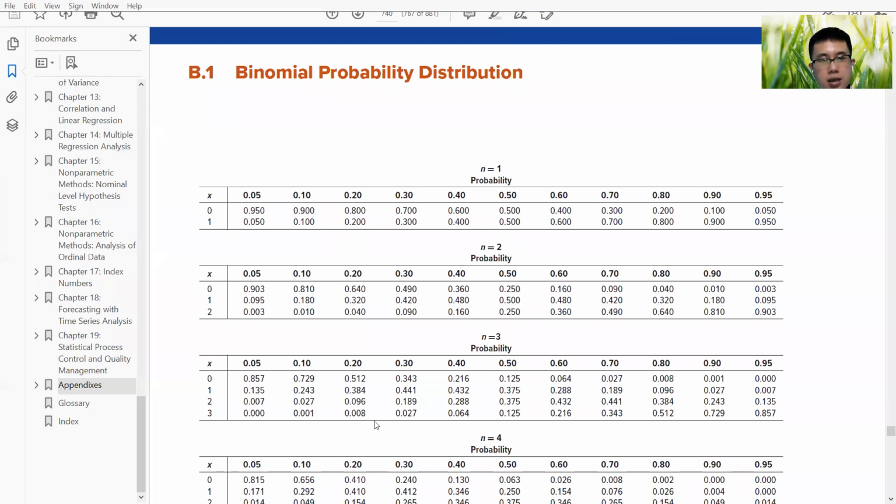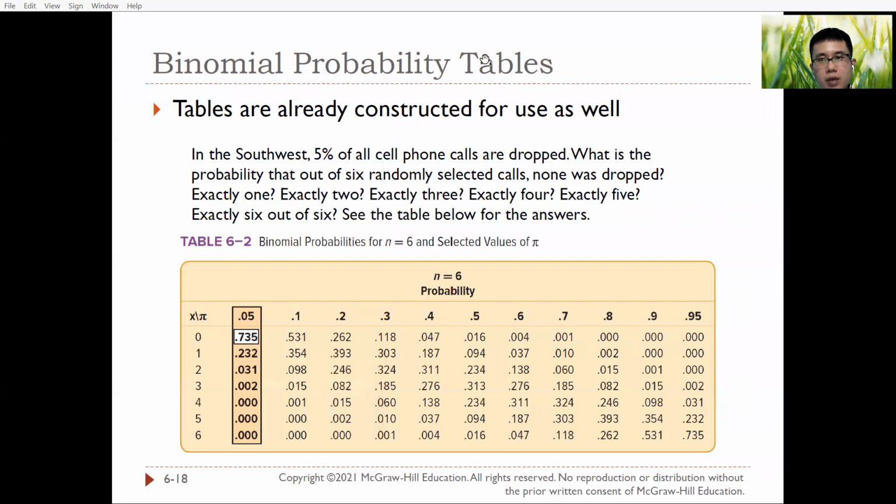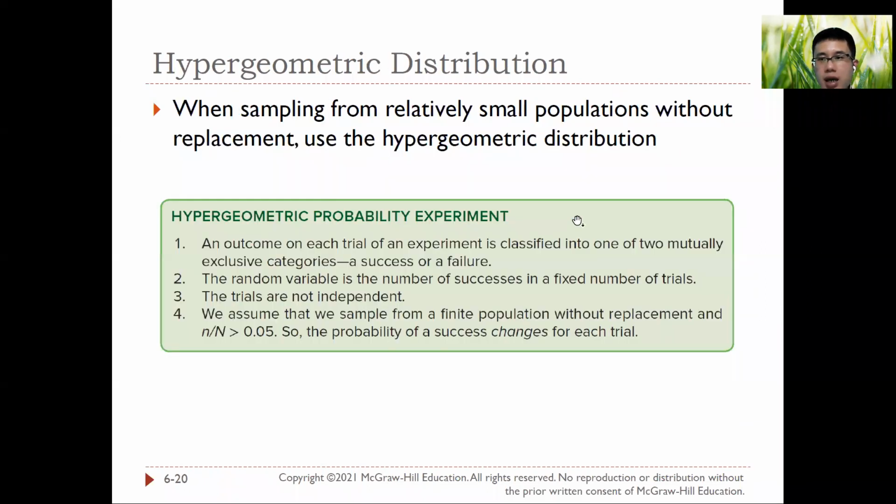Okay, I think we are done with the binomial, and the next is the hypergeometric distribution. In this distribution, we do sampling from relatively small populations, and in this case, without replacement.